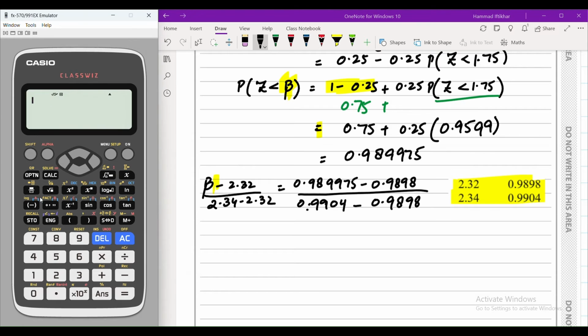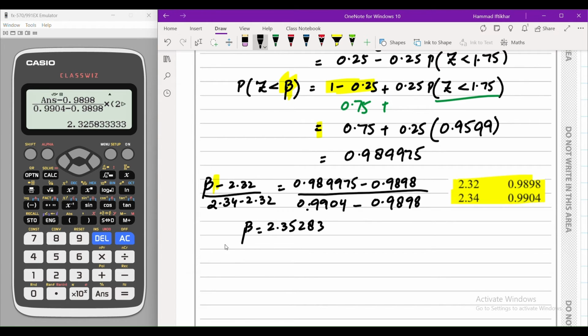So the answer minus 0.9898 divided by 0.9904 minus 0.9898, times 2.34 minus 2.32, plus 2.32. So beta, positive beta, is 2.3258. We were actually looking for the negative beta, so this would turn negative, towards the left side of the mean.